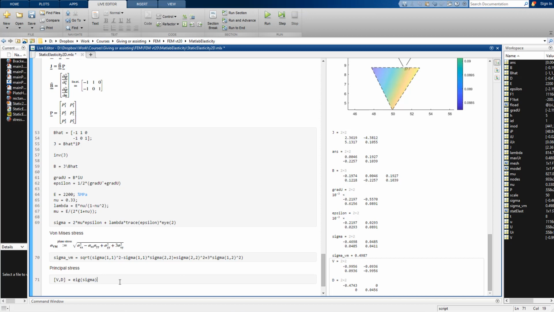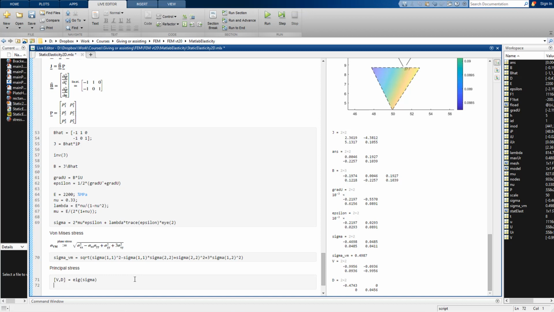A very important thing we need to do here is sort these, because Matlab is going to give you the lowest value first and then the highest value. But what we want is the absolute value to be the lowest value, or the first value that it spits out. So for us it's very important to sort this by the absolute value.